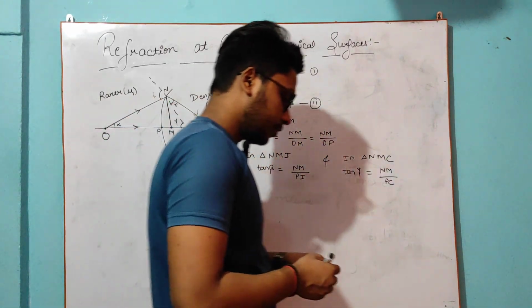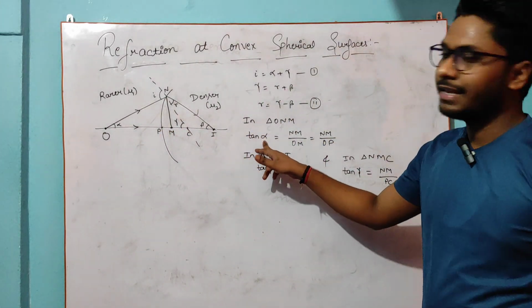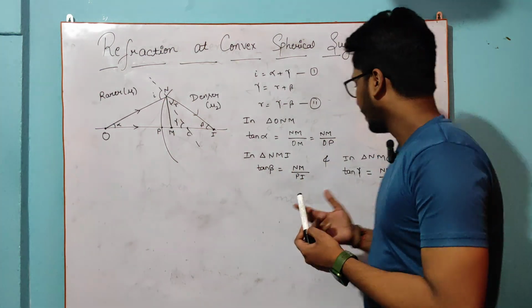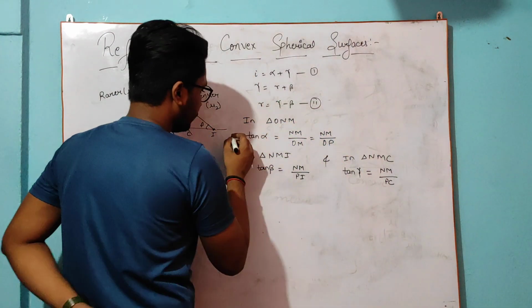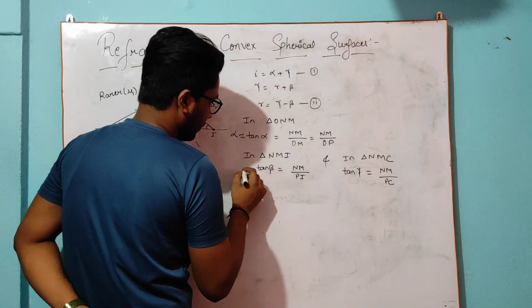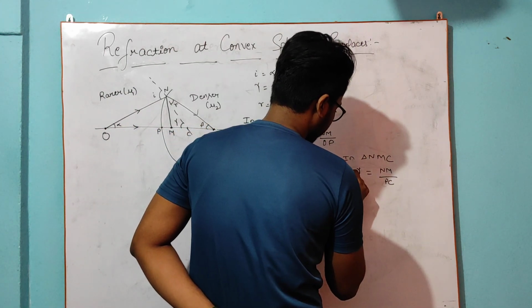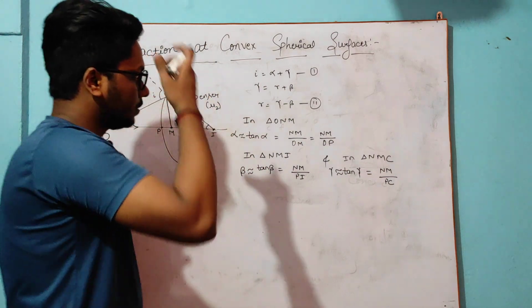We already said these angles are very small, so tan alpha is almost equal to alpha, tan beta is almost equal to beta, and tan gamma is almost equal to gamma.